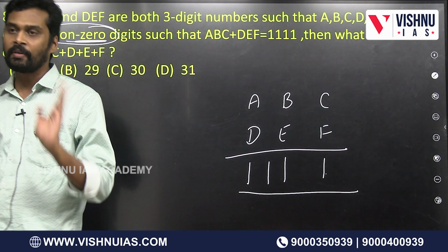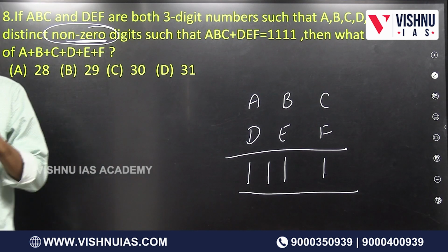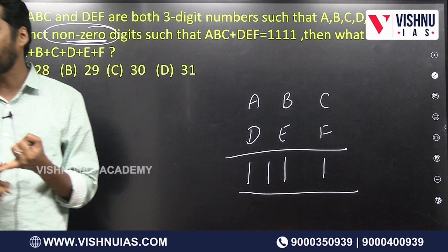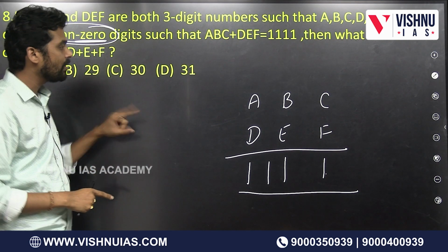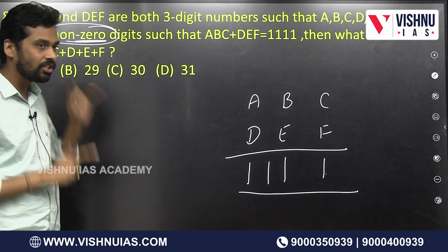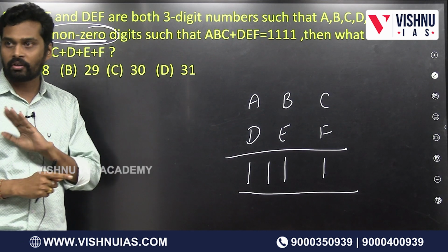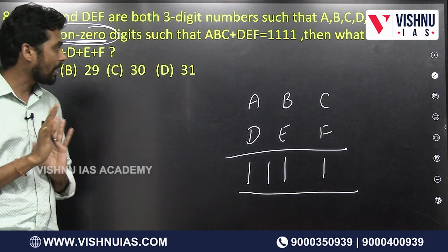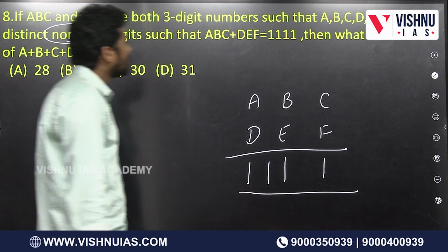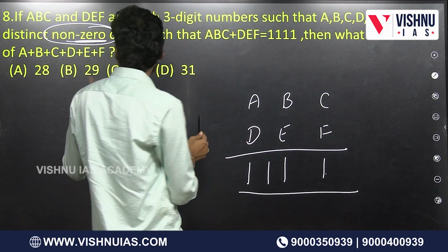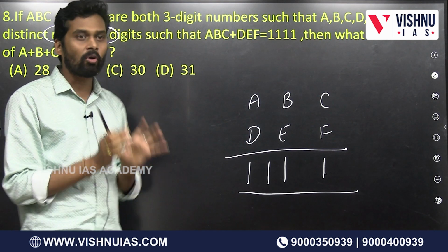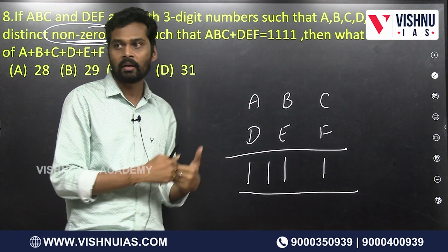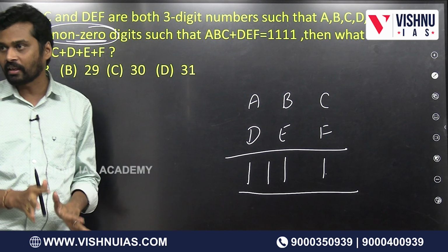When the word digit is given, 0 to 9 are called digits. Anyway, the values should be non-zero digits, so you cannot take 0; you can take digits from 1 to 9. He is also saying distinct digits, which means all the digits are different, and you should not repeat the same digit again.